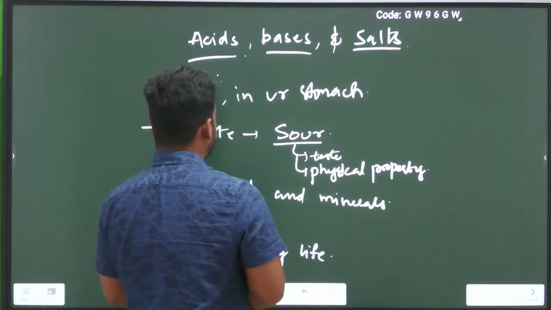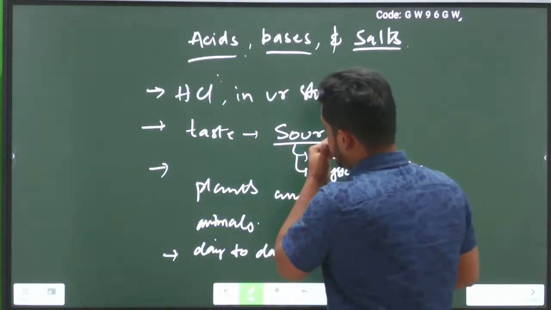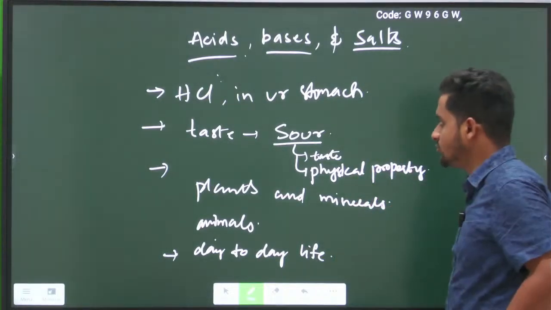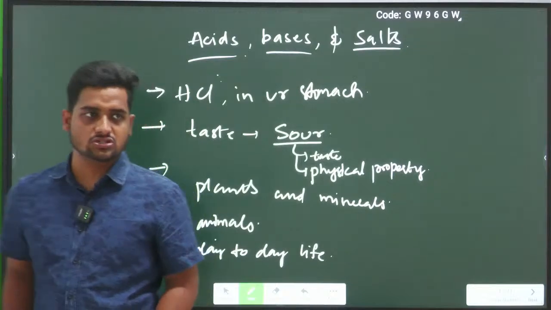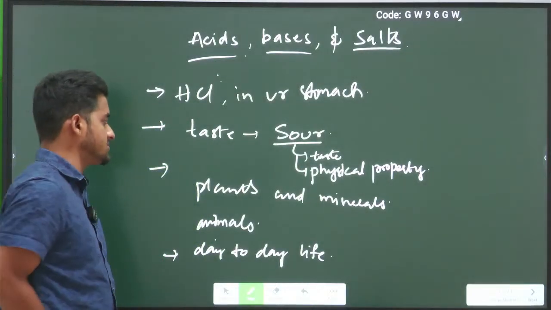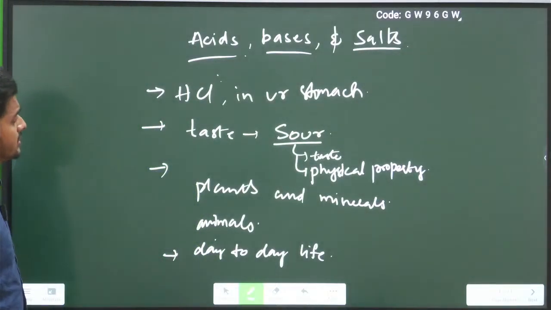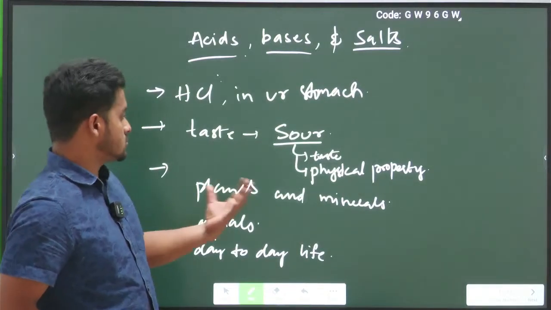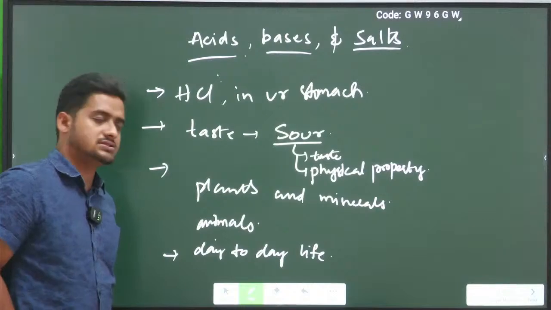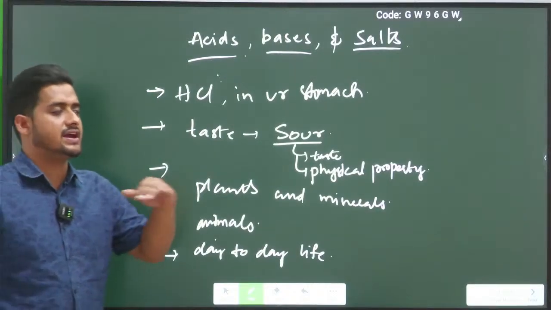It is a simple topic, and before that, starting from acids, bases and salts, we started with HCl present in our stomach, which dilutes the food particles present there. Acids we can taste physically: if it is sour in taste, closing our eyes it is an acid.